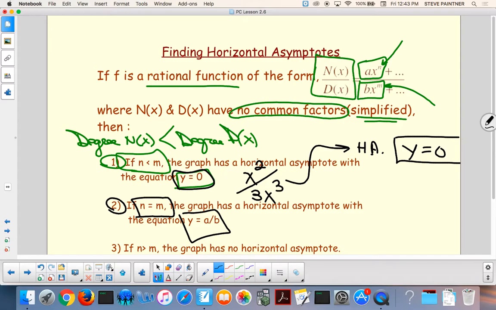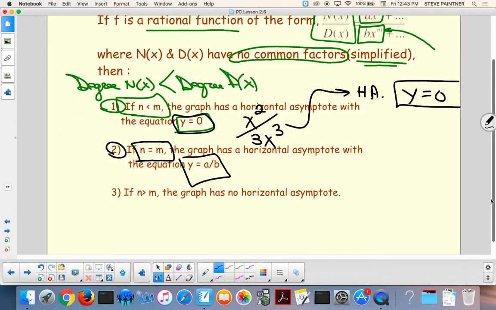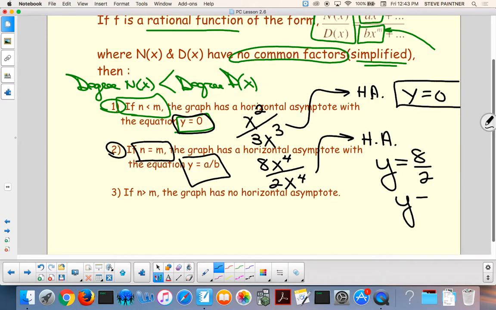So if I make one up for you, x to the 4th over x to the 4th, and I put an 8 here and a 2 here. The degrees are equal, so you just look at the leading coefficients and you say the horizontal asymptote is y equals 8 over 2. Better yet, y equals what? 4. Okay?